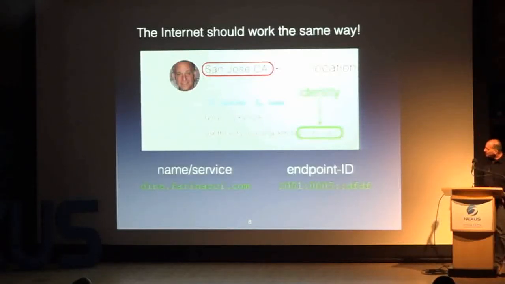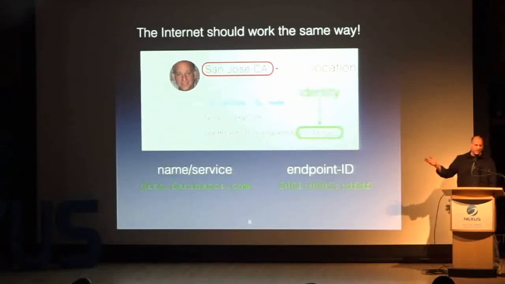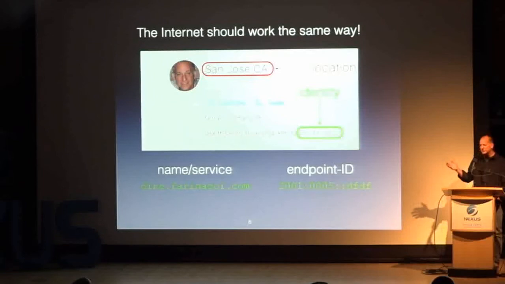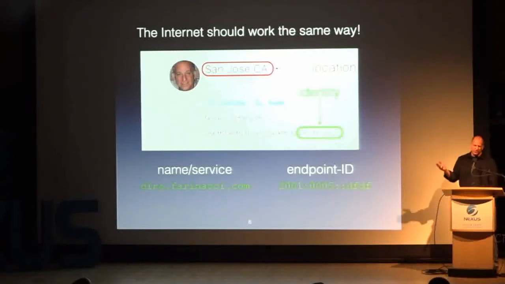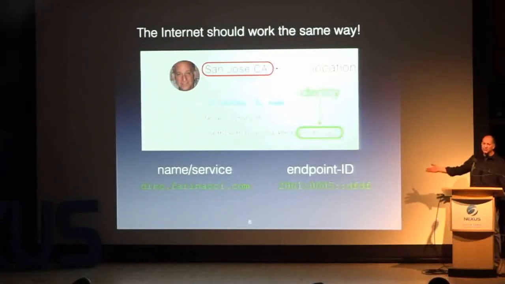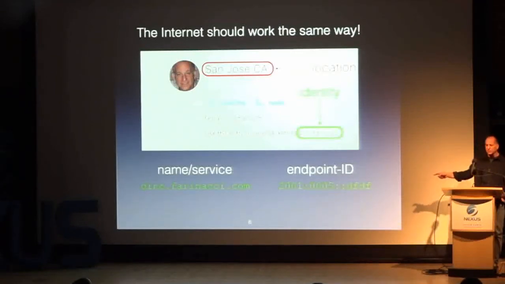Okay? What we want to do at the real internet layer is have something that translates between a human readable and understandable name called a domain name or a DNS name, and it maps to an IP address. It turns out that IP addresses have semantic overload. This is happening at the application layer, right?